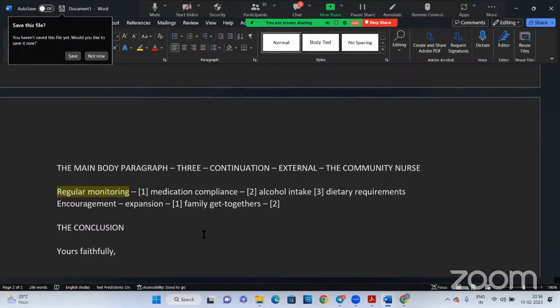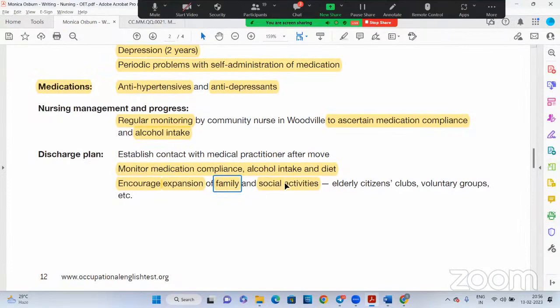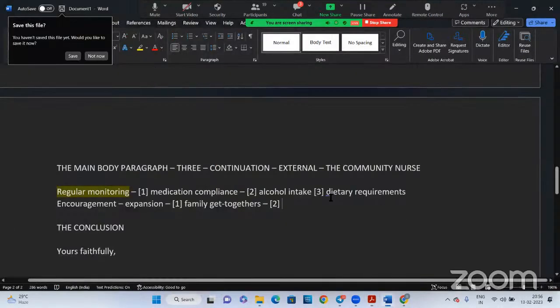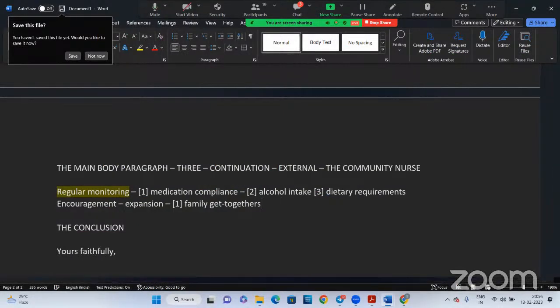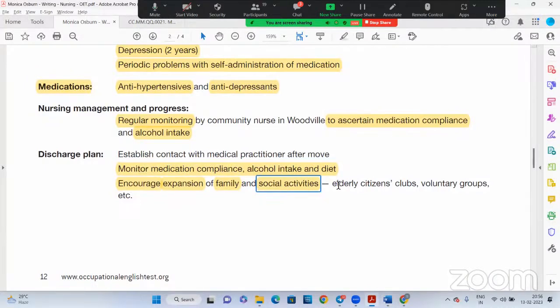So next one, social activities. We'll change it into the next point: involvement in social activities, for example, elderly citizens clubs and voluntary groups.